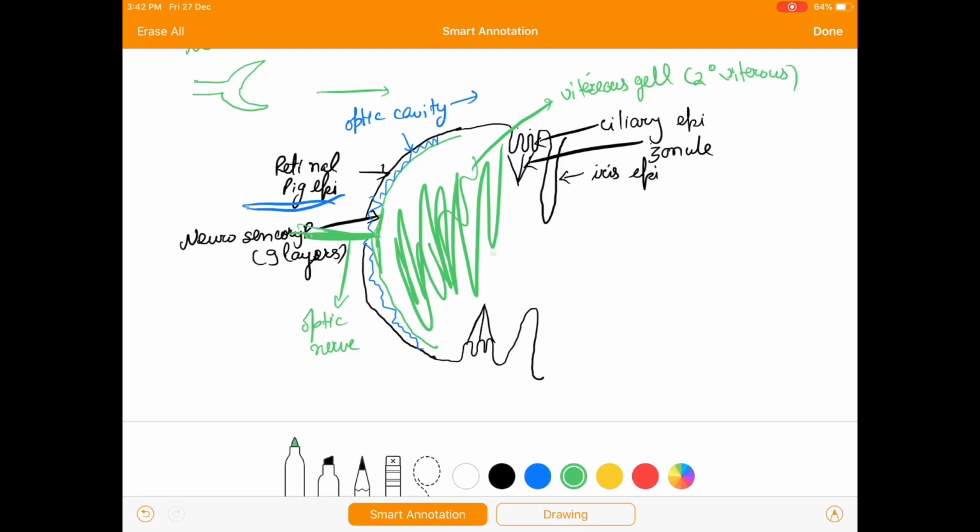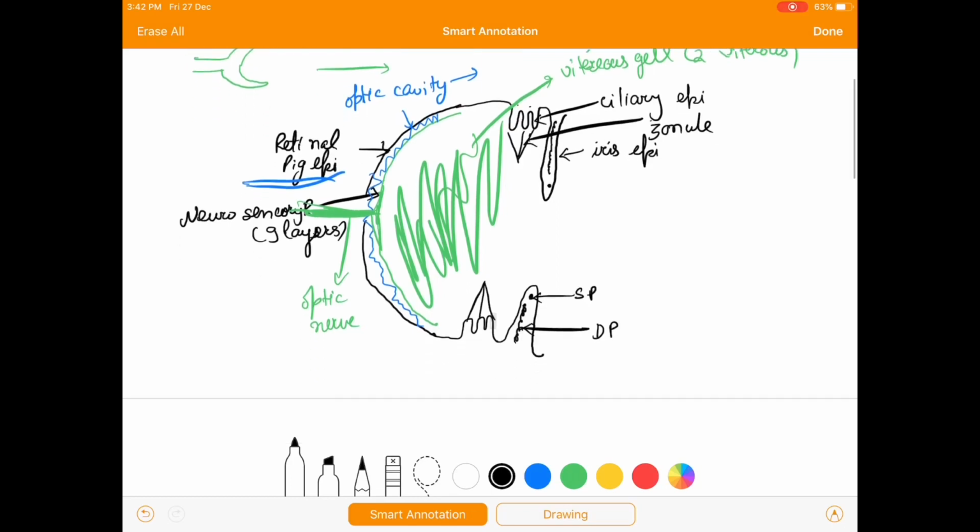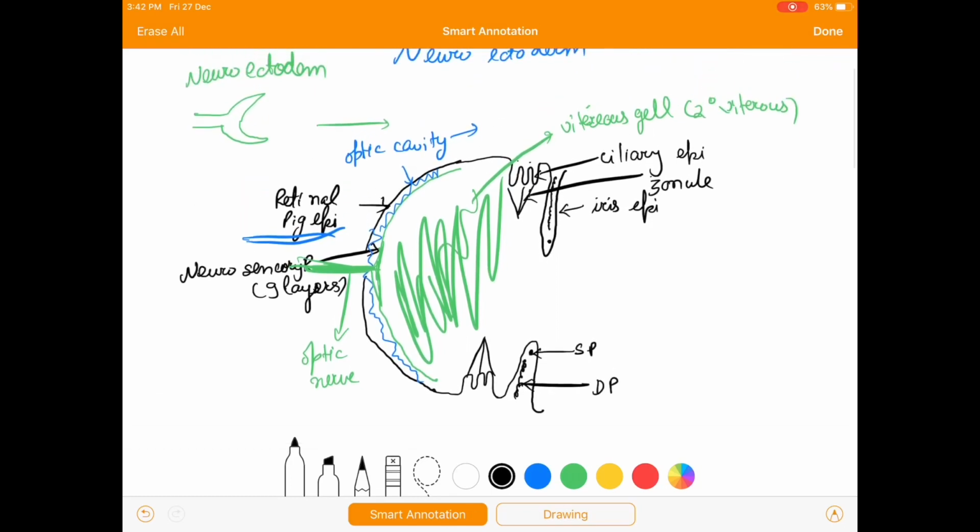Right, it is given rise by the inner lip. This outer lip also gives rise to sphincter pupillae and the dilator pupillae. Okay, so we have over here sphincter pupillae and dilator pupillae. All these are the structures given rise by the neuroectoderm.